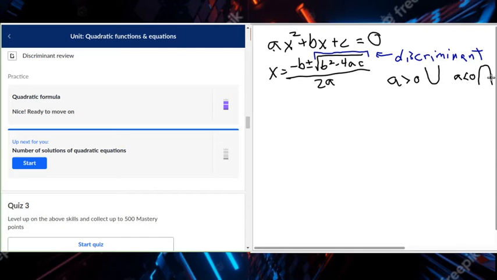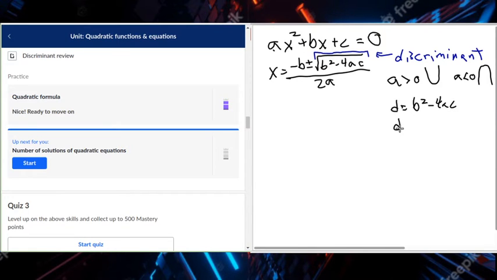So that tells us one thing, and then this discriminant will tell us how many x-intercepts there are, how many times it crosses. This discriminant D is equal to that value b squared minus 4ac.